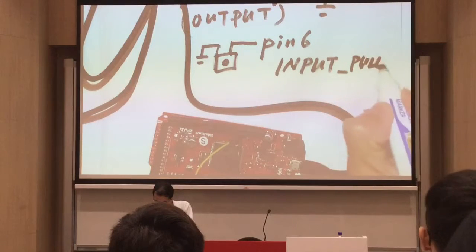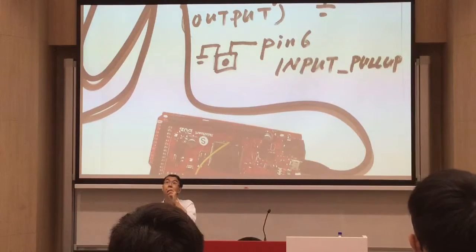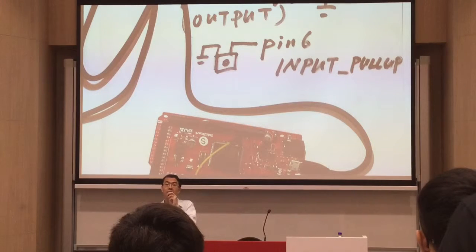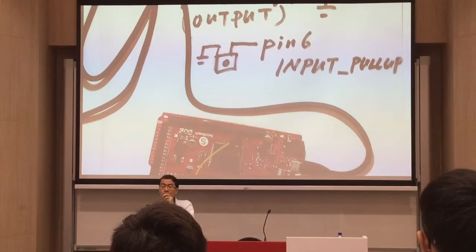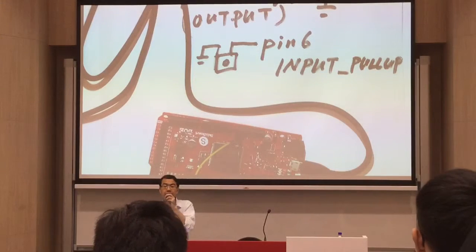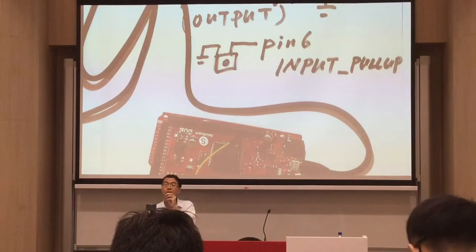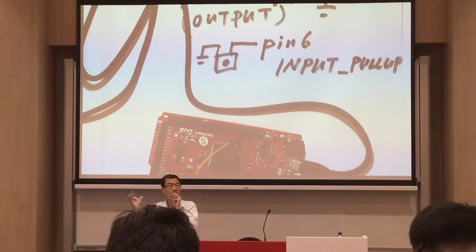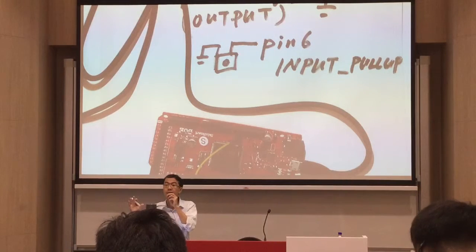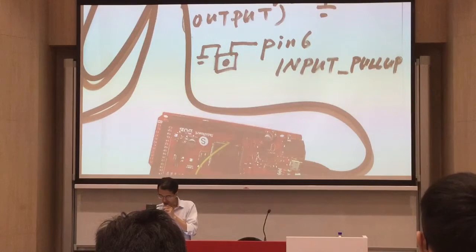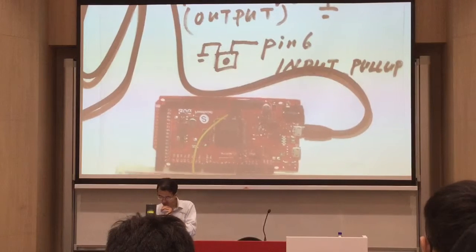Input pull-up. Right. So this one indicates there is a pull-up resistor, right? So if you don't have any inputs, right, the input is always high, right? So we don't have any undefined state for this case, right? Okay. So I'm going to show you this part, right?